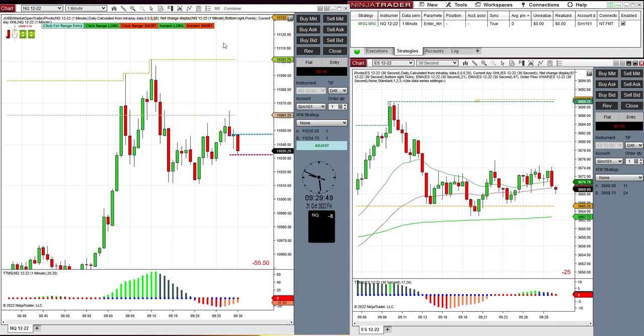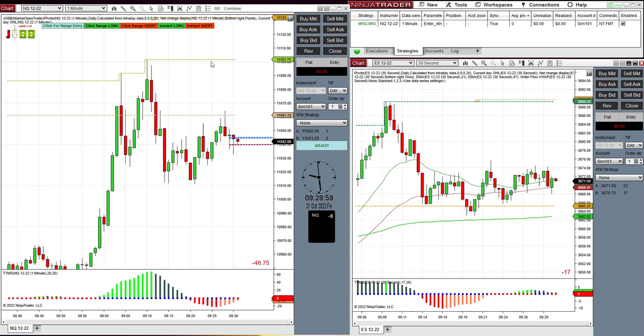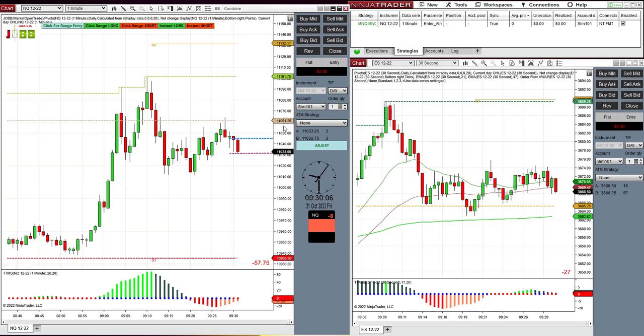I'm thinking maybe it's going to go retest that high. Personally, I don't like being long any market these days. The low is not that far away either.